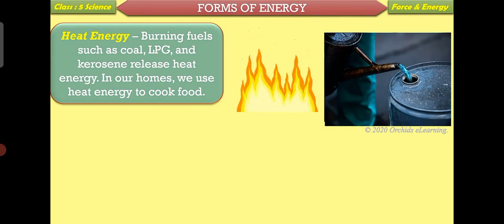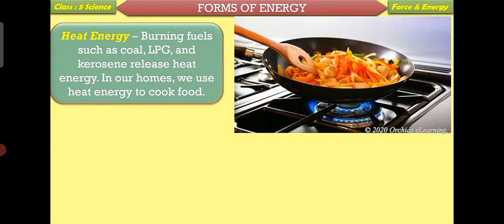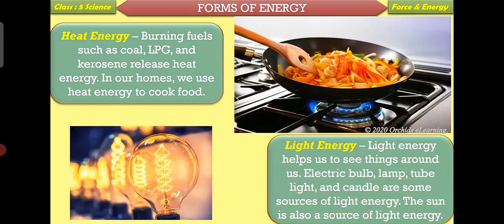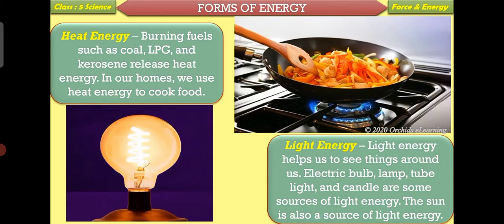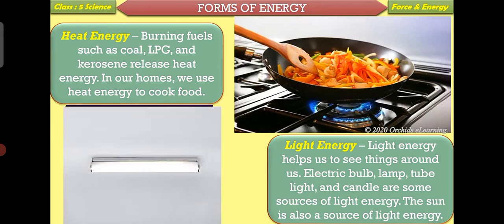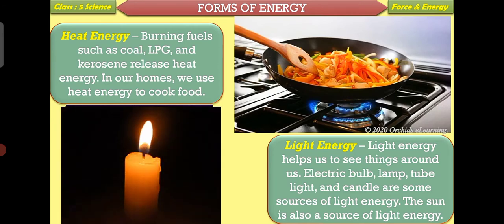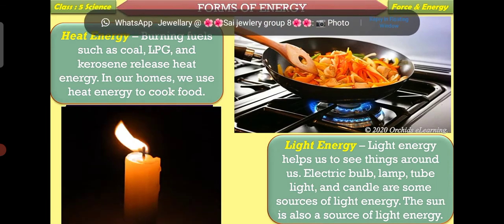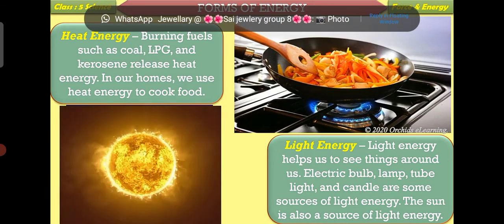In our homes, we use heat energy to cook food. Light energy. Light energy helps us to see things around us. Electric bulbs, lamps, tube lights, and candles are some sources of light energy. The sun is also a source of light energy.